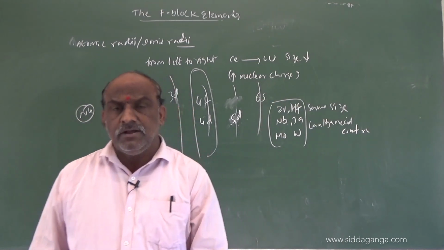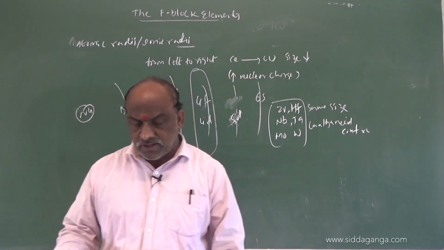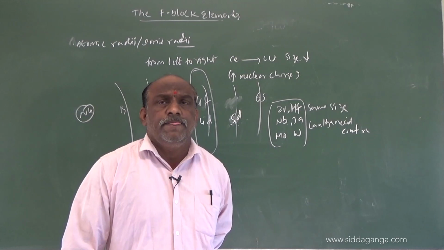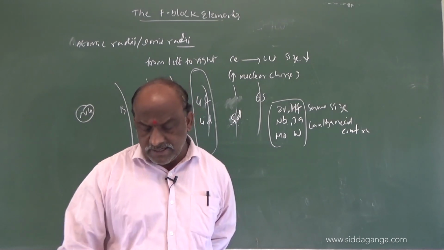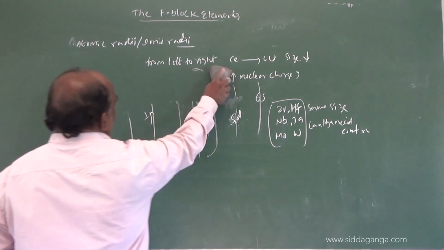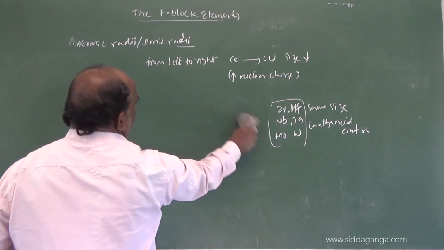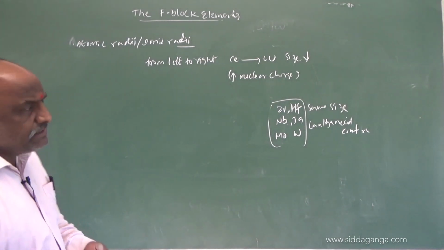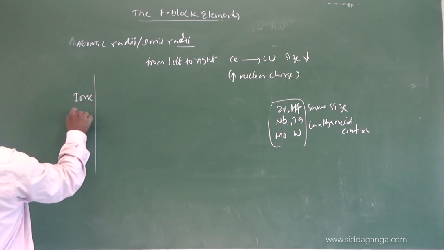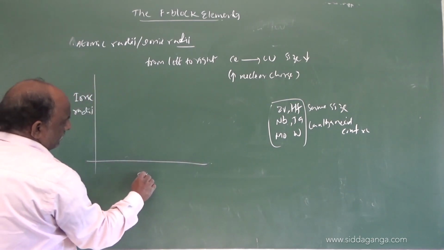So here in the textbook, one graphical diagram was given, with respect to ionic radii versus lanthanides. Ionic radius versus atomic number. You observe this graph: one graph like this, x-axis ionic radius and y-axis atomic number.